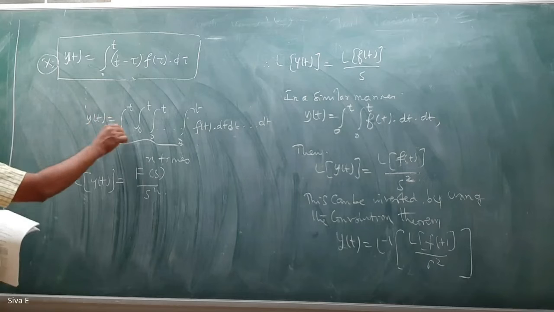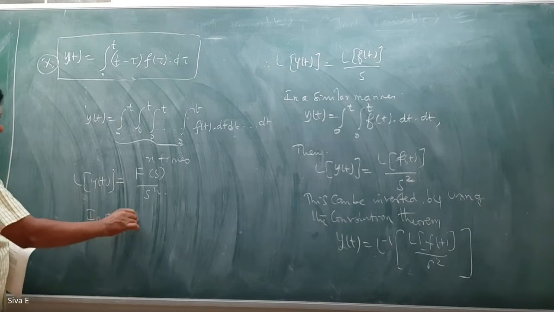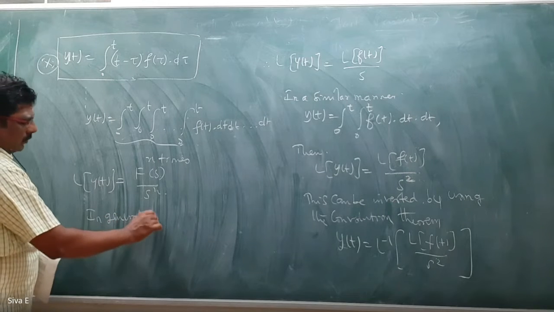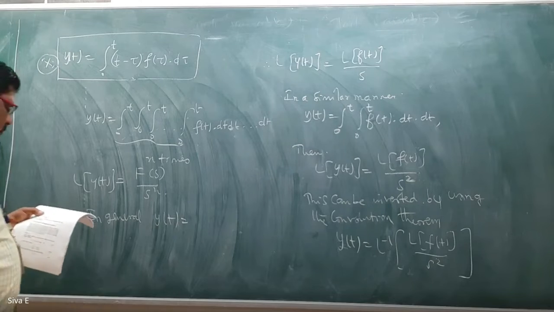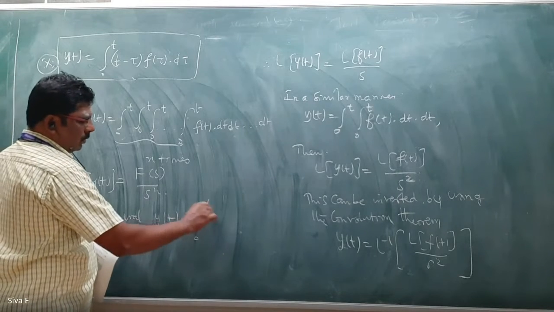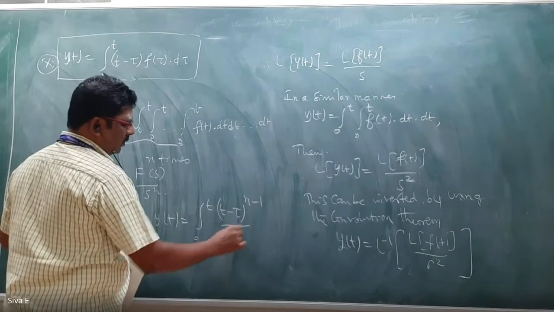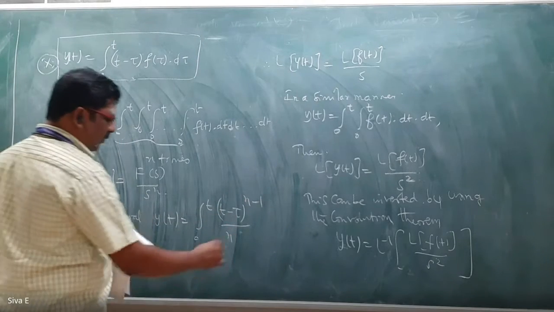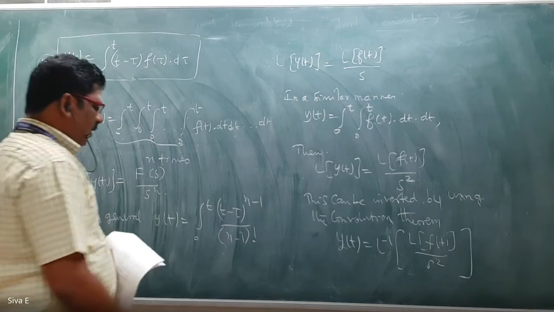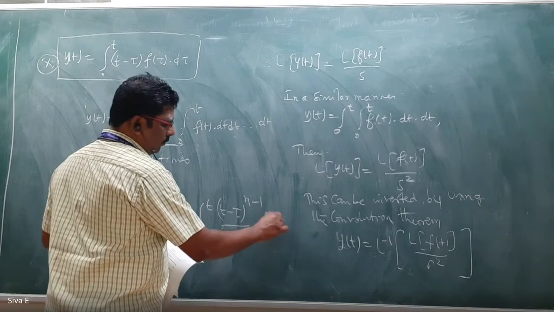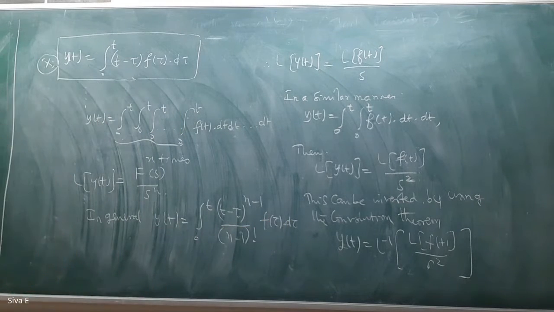If you are doing this for n folds in general, we get y of t equals the integral from 0 to t of (t minus tau) whole power n minus 1 by (n minus 1) factorial, f of tau d tau.